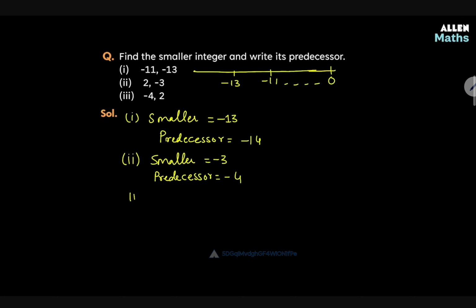And the last one, here we have negative 4 and 2. So negative 4 is the smaller. So the smaller is negative 4 and its predecessor will be negative 4 minus 1, so that will be negative 5, right?